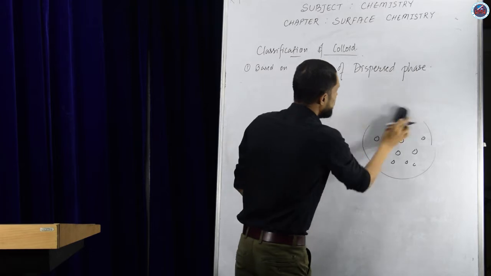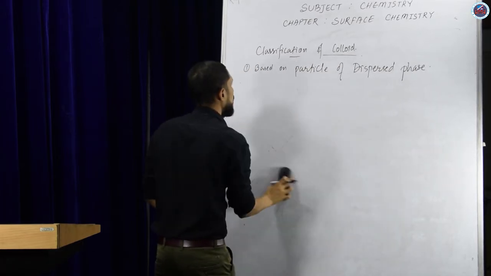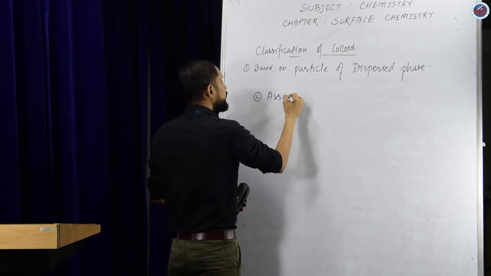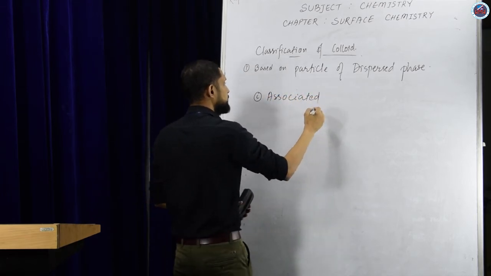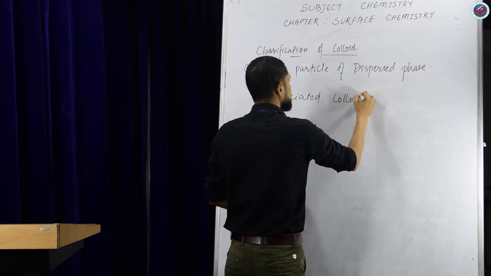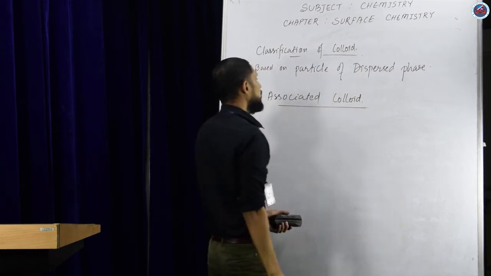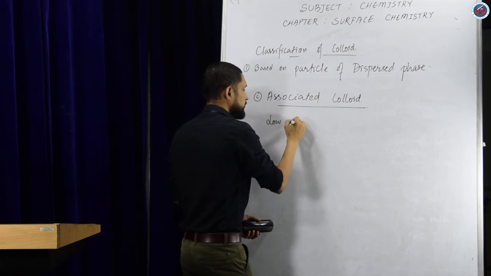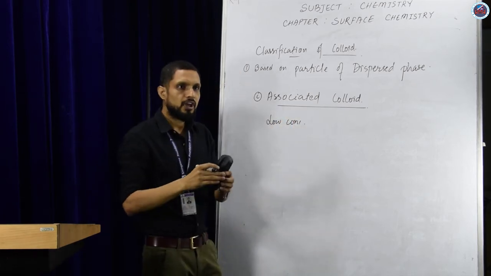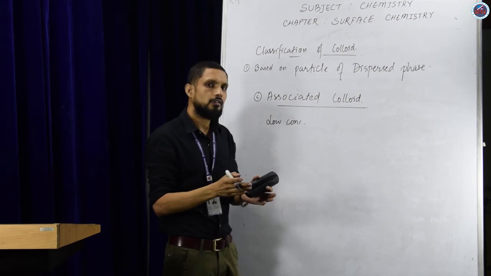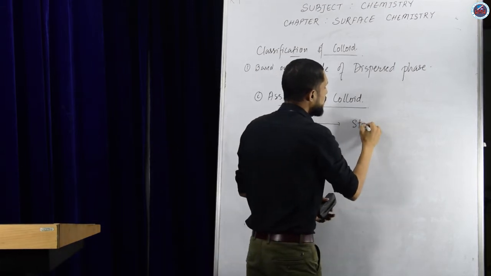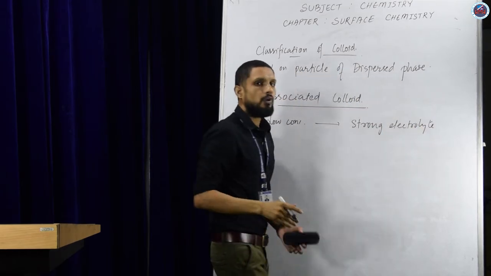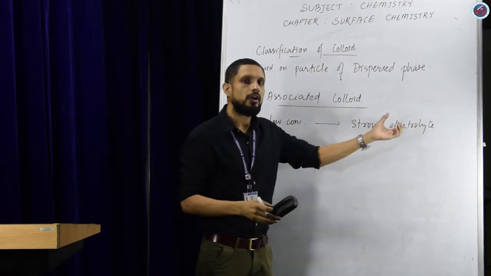Now the third type, based on the particle of dispersed phase, is associated colloid. Now associated colloids, when we take a low concentration of substance, it will act as a strong electrolyte.